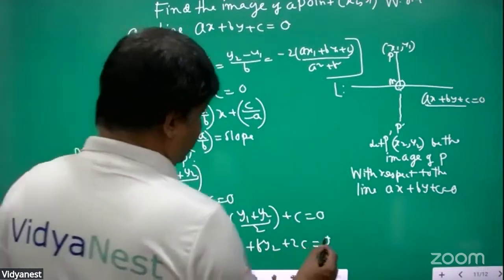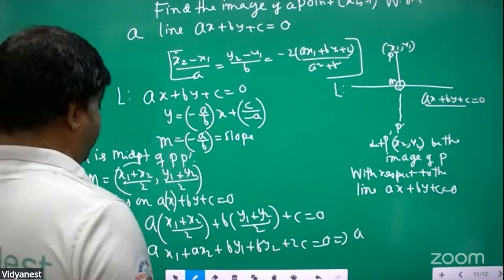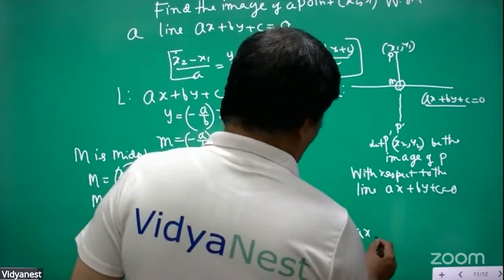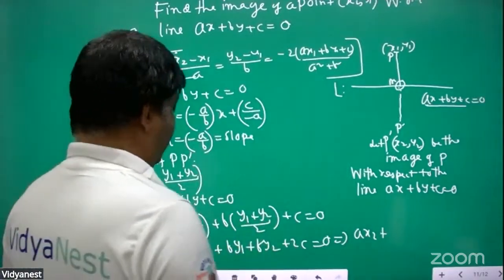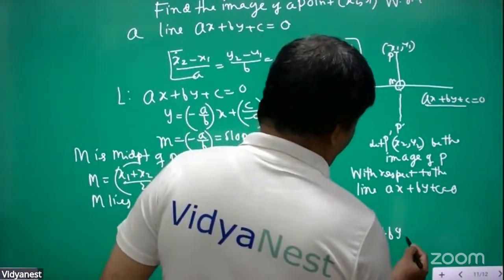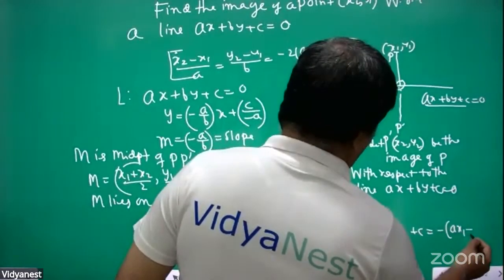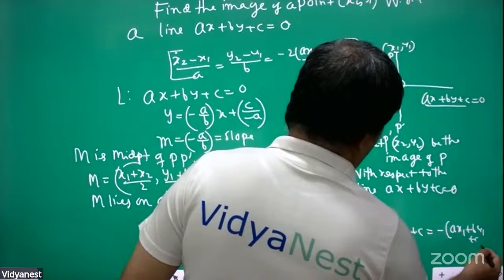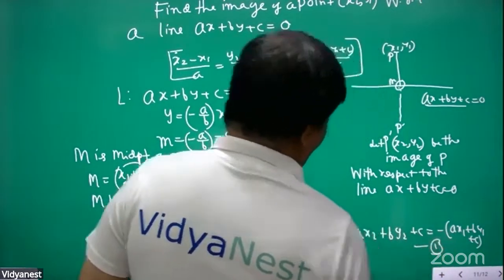That will give us x2. See, you split 2c into c plus c. Then x2 by2 plus c is equal to minus x1 by1 plus c. This I am labeling as equation 1.